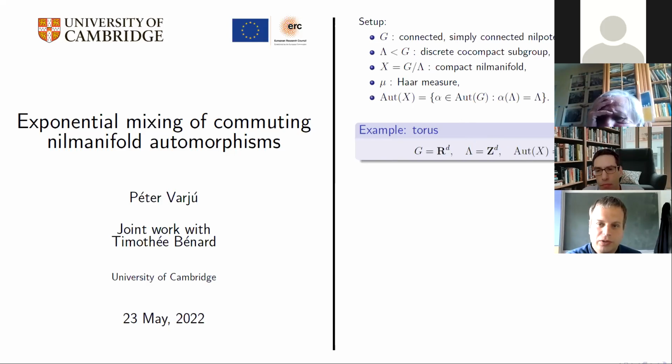And those of them which preserve the integer lattice are just those which have matrices with integer coordinates. So it is GL_D(Z). So you can have this example in mind throughout the talk, and actually everything that I'm going to say is interesting even in this setting.